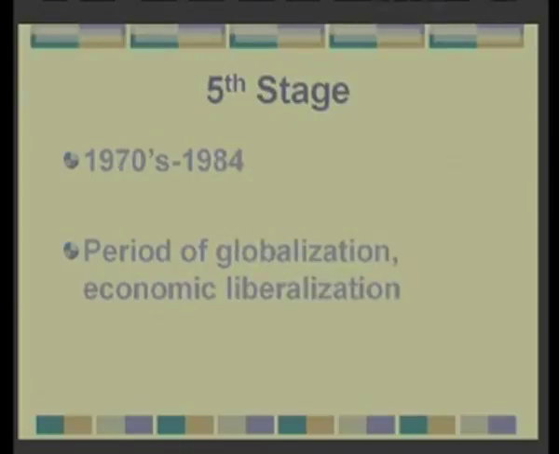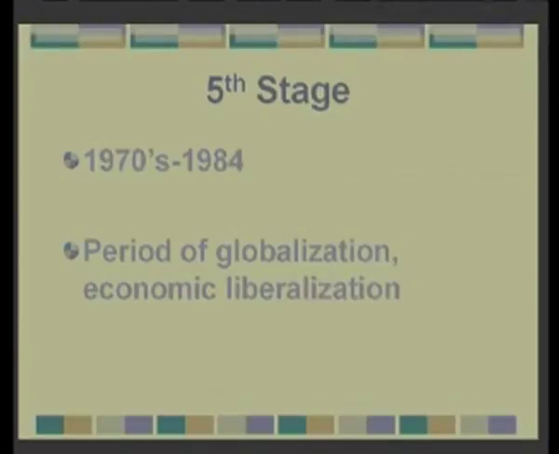We are generally talking about how the growth has taken place all over the globe, not any specific country. I mean how gradually the management thinking has emerged and matured into the form of strategic thinking today. The 70s to 84 is the period of globalization and economic liberalization.